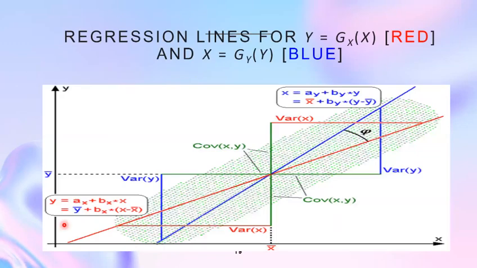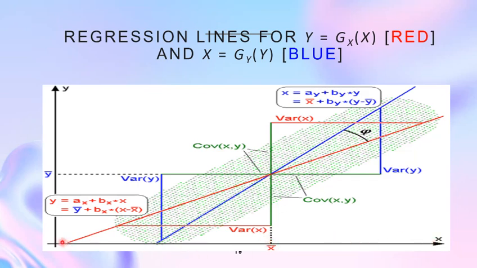So this is basically the regression lines, where you can see y equals gx, which is represented by the red color, and x equals gy times y, which is represented by the blue color. So this is the covariance and the variance, which coincide at a point where an intersection could be drawn.